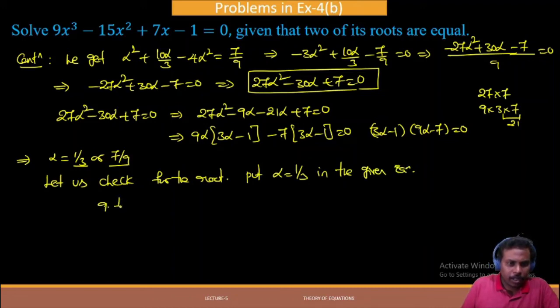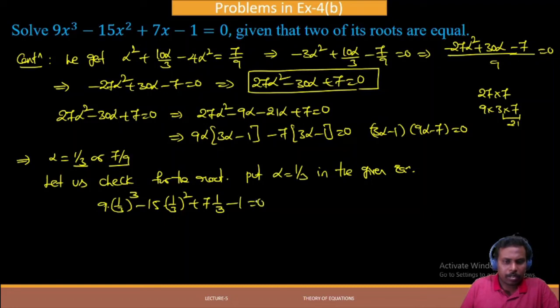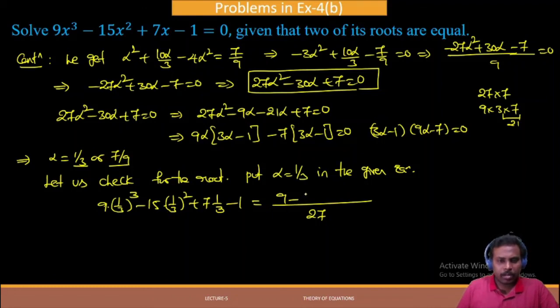What do we get here? So it is 9 into 1 by 3 whole cube minus 15 into 1 by 3 whole square plus 7 into 1 by 3 minus 1 is equal to, so this is 27, this is 9, so LCM is 27, so it is 3 into 15, that is 45, plus 9 into 7, that is 63, minus 27.